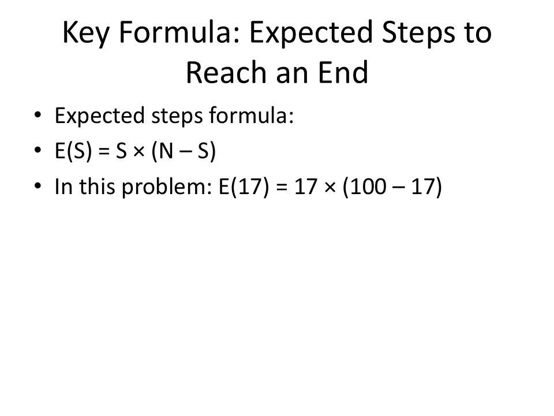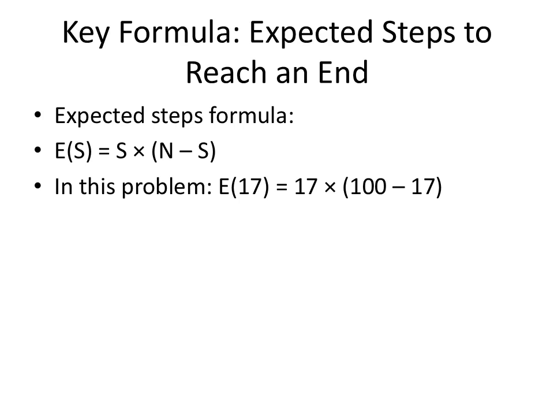For the expected number of steps, there is a straightforward formula for symmetric random walks with absorbing barriers. E of s equals s times, in parentheses, n minus s. This tells us the expected number of steps starting from position s until reaching either boundary. In our specific example, we substitute s with 17 and n with 100.